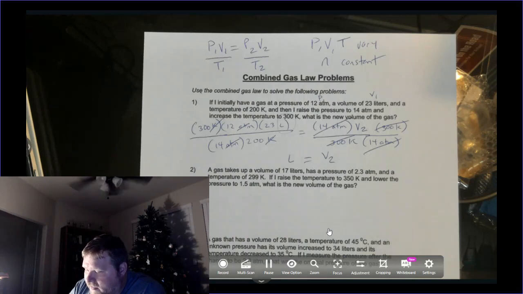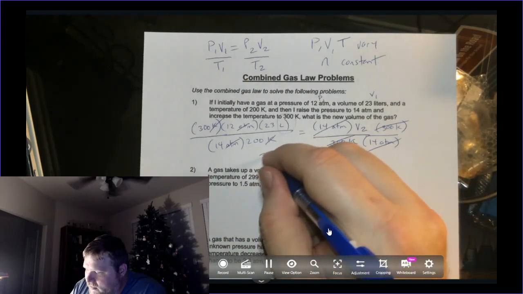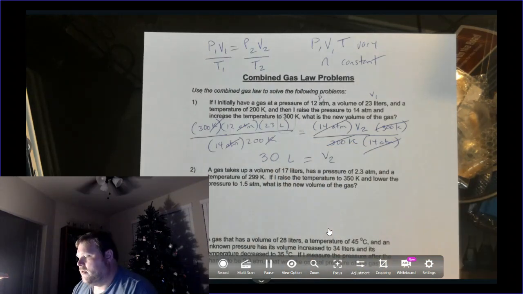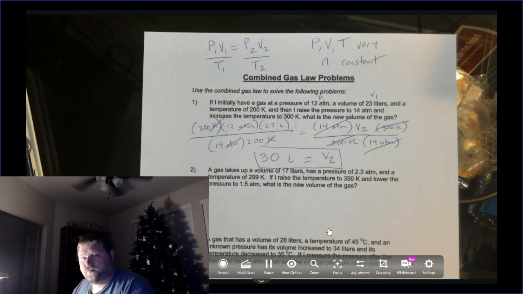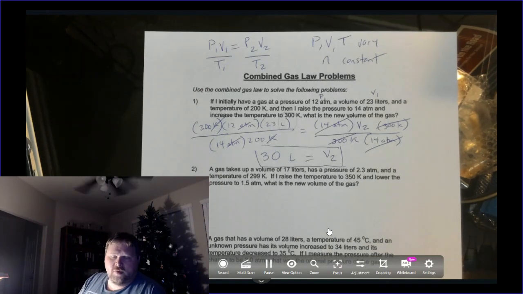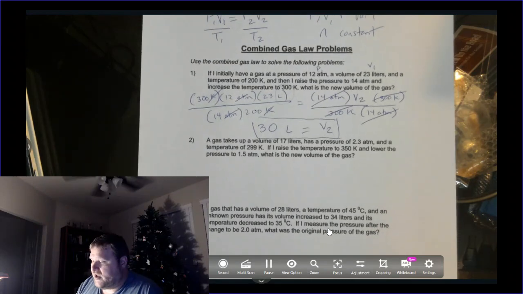I'm going to divide by the denominator, 14, and then divide by 200. And that's going to give me, rounding to 1 sig fig, 30 liters for the volume. So this is very similar to the Boyle's, Charles's, Gay-Lussac laws that you did in last week's assignment.